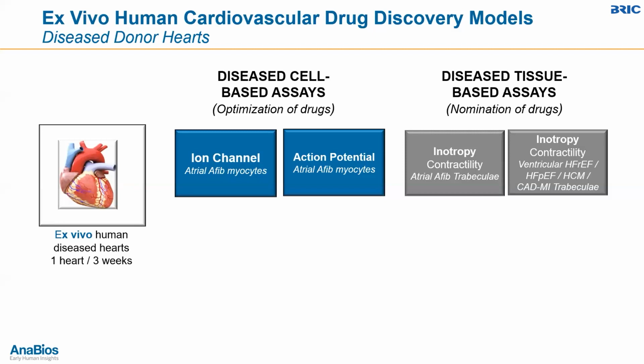And here, we can get HFrEF and heart failure with a preserved ejection fraction. Also, we can get hearts from donors affected by hypertrophic cardiomyopathy and coronary artery disease. And also we can recover hearts from donors affected by atrial fibrillation if a company is working to find a novel treatment or novel antiarrhythmic to treat patients with atrial fibrillation.